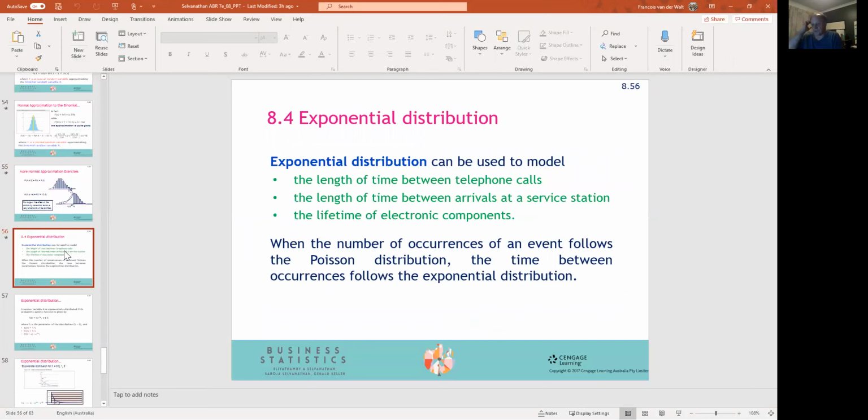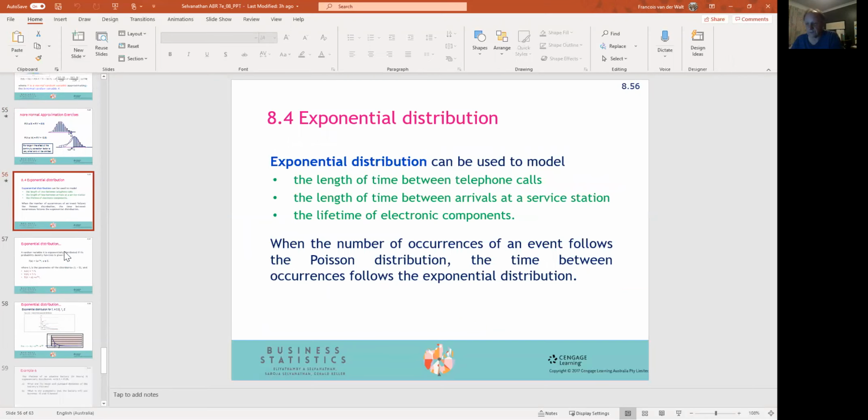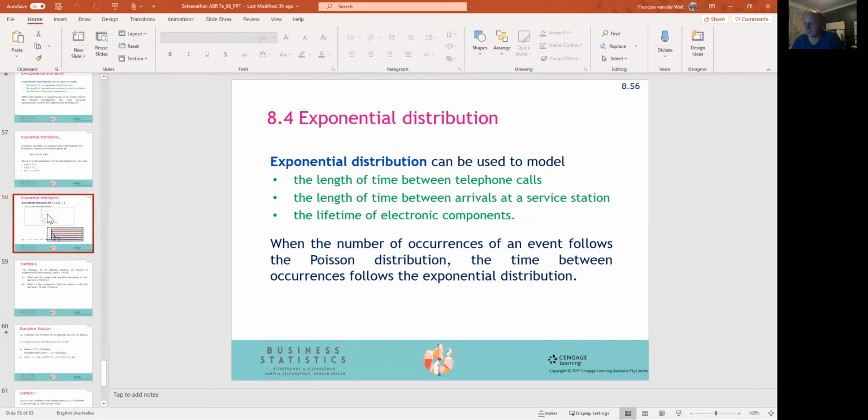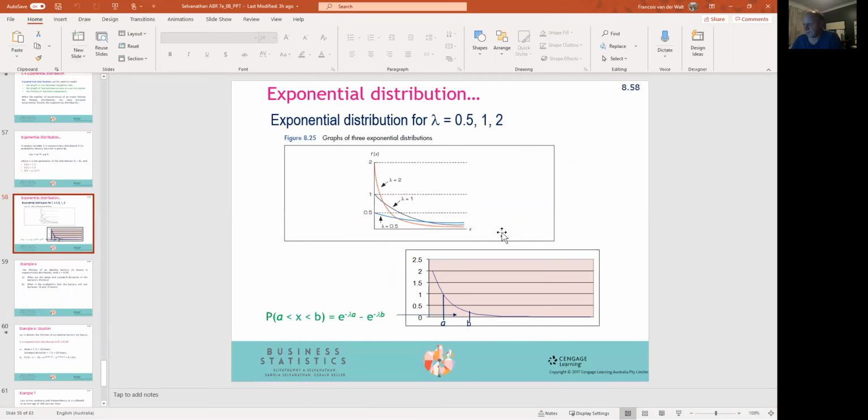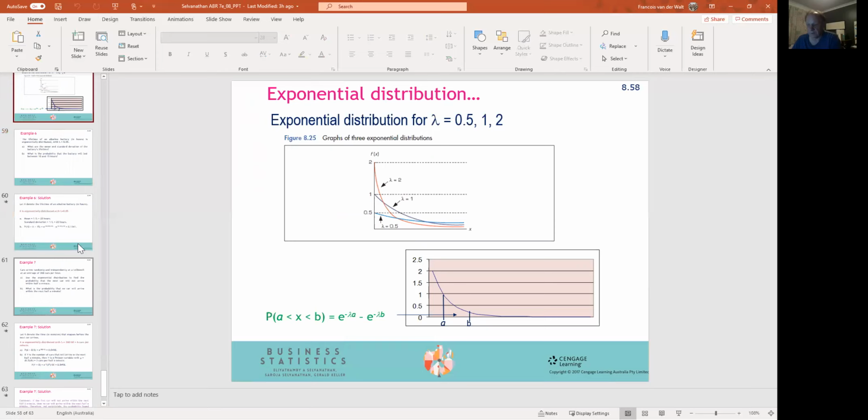Okay, exponential distribution is another one. I just want to show you the exponential distribution is something that looks like this. Is this symmetrical? No, it's not symmetrical. What we do know is that the area under this adds up to 1, because that's the rule of these distributions. It uses a symbol like lambda. There might be some in the quiz, but I won't ask you about the exponential distribution.